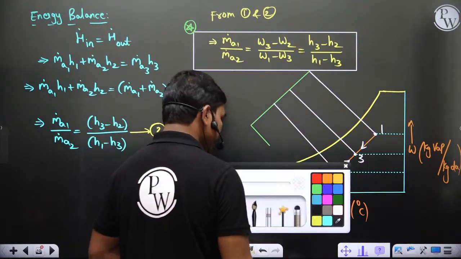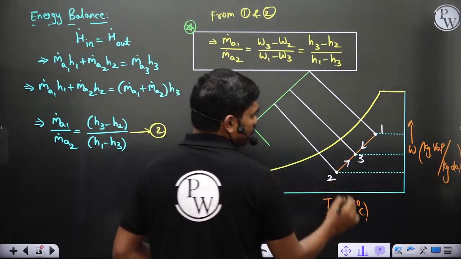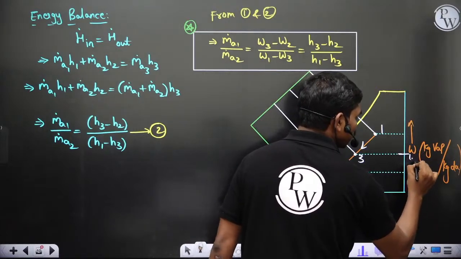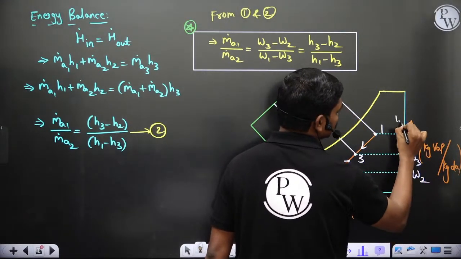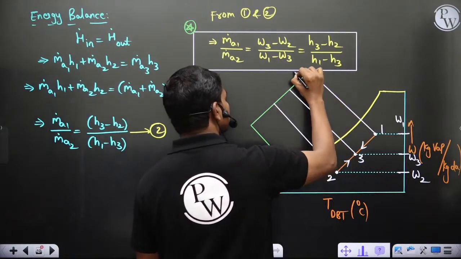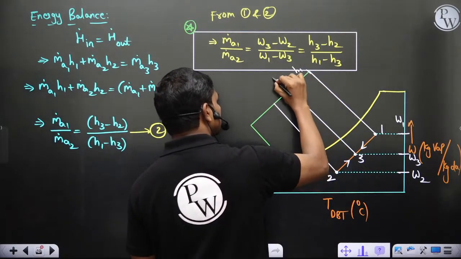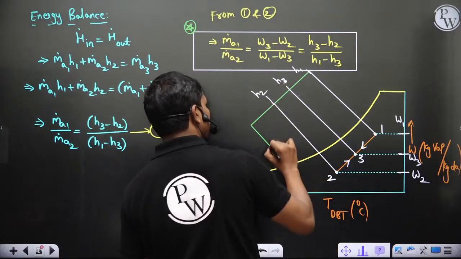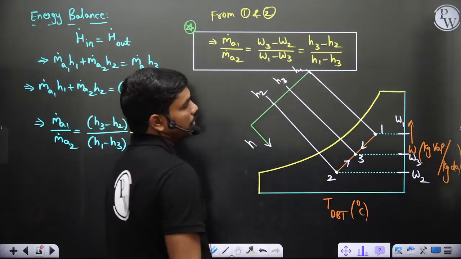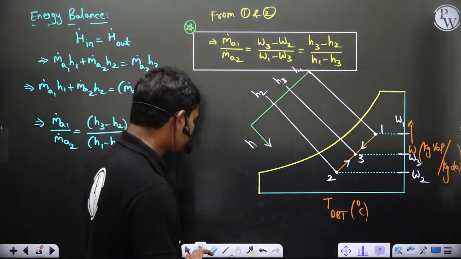Now see something very interesting. This value corresponds to omega 3, this value corresponds to omega 2, and this value corresponds to omega 1. Similarly, this value corresponds to H1, this corresponds to H3, and this corresponds to H2 on this enthalpy scale, okay. So this is your enthalpy scale. Now try to get something here.